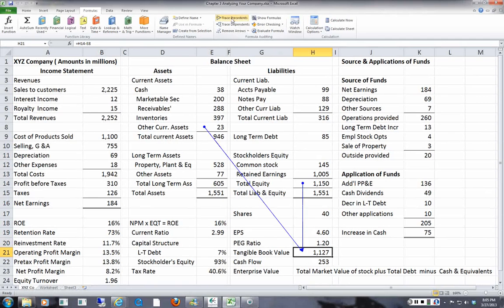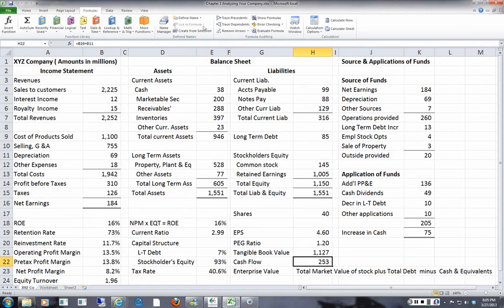Tangible book value is where you take the total equity and subtract the other current assets from it to come up with a tangible book value. The book value of equity is normally $1,150, but to make it tangible, we just deduct those other current assets because those are probably considered not financial, but intangibles, or assets of some kind.